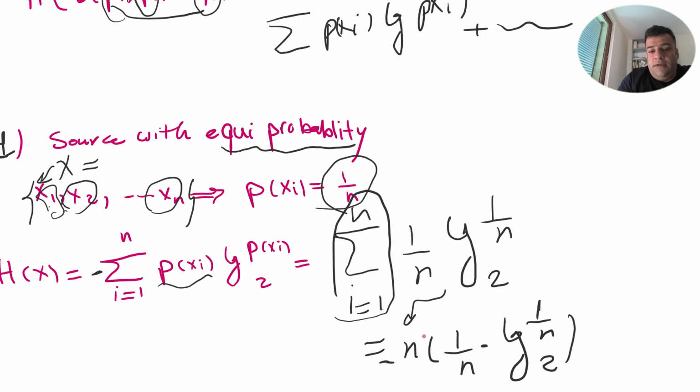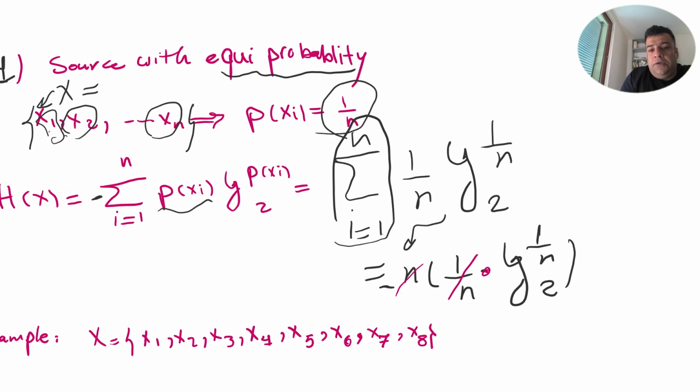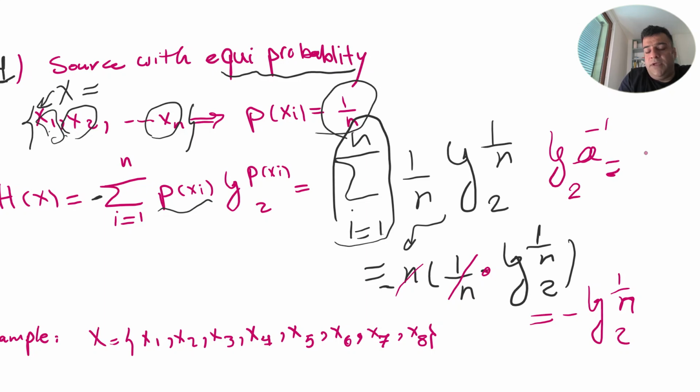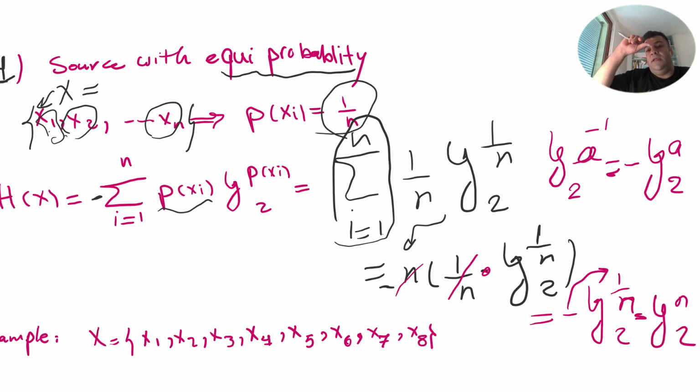Therefore I can cancel n and 1/n, and the total answer is minus log 1/n in base 2. Minus log a can be written as log a to the power minus 1, so that is log n in base 2, because 1/n is n to the power minus 1, and the minus becomes positive.